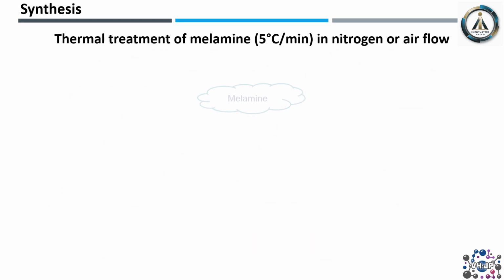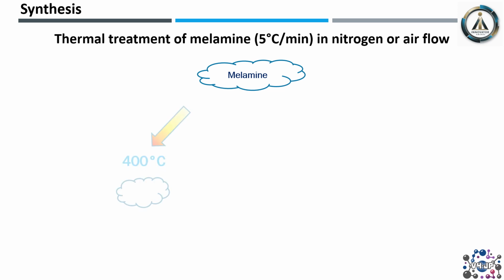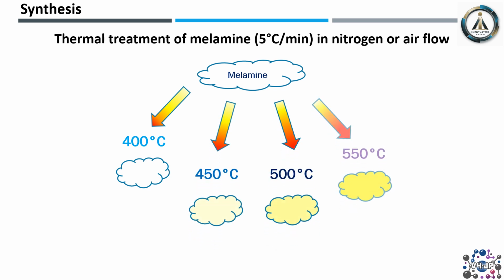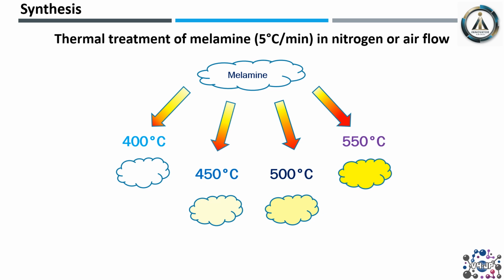In our case, graphitic carbon nitride-based materials were prepared by thermal treatment of melamine, which was used as a precursor, in nitrogen or air atmosphere for 30 minutes at 400 degrees, 450 degrees, 500 degrees, and 550 degrees respectively.